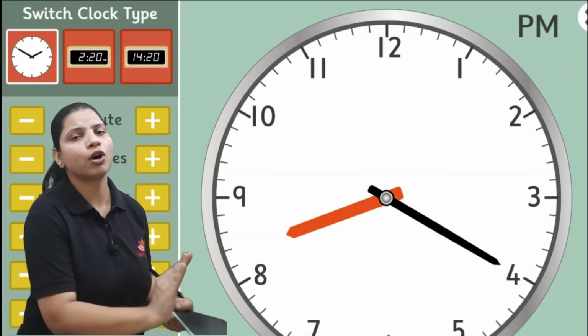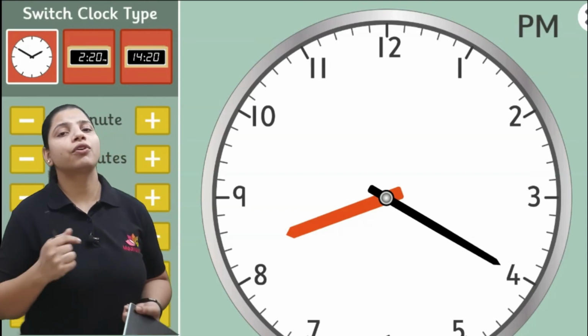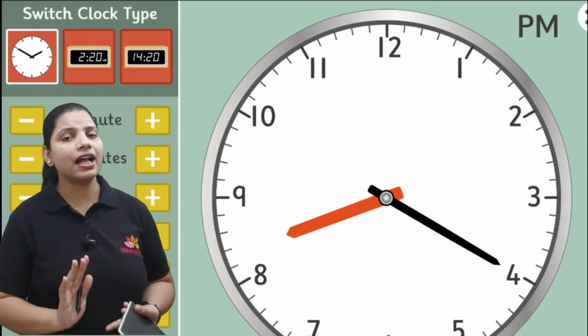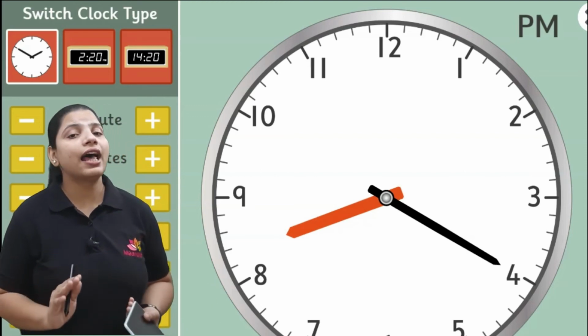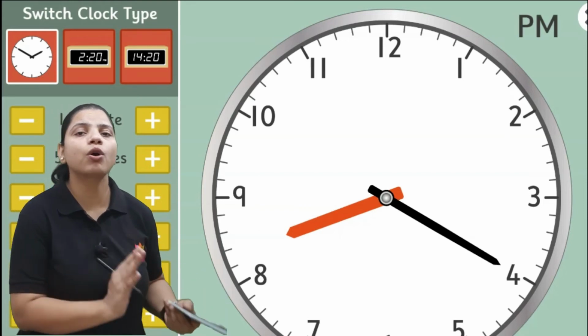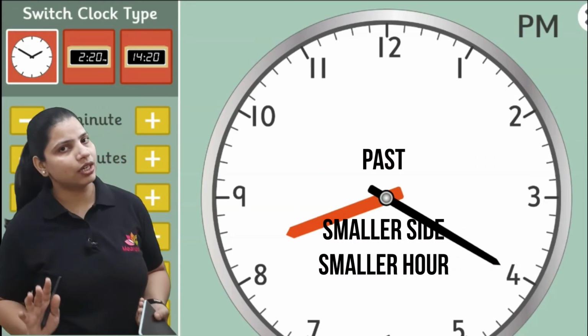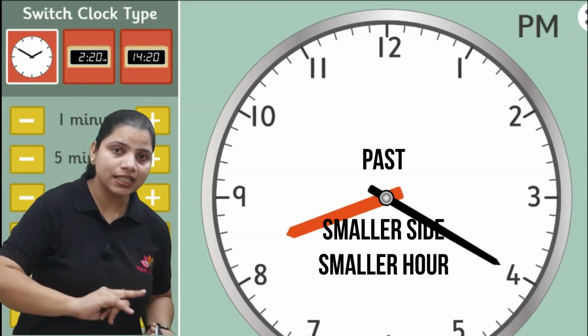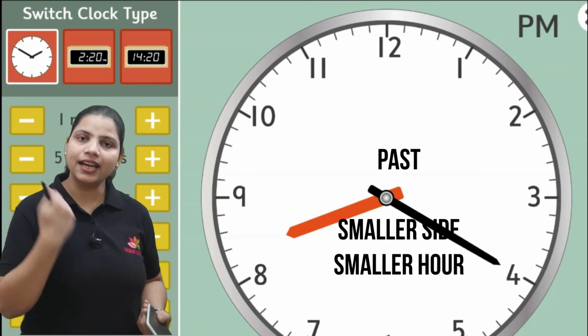Past is the smaller side, so past takes the smaller number for the hour also. Past means the smaller side of the clock's face, and past means the smaller hour. Okay? Past, smaller side, smaller hour. Repeat with me: past, smaller side, smaller hour.